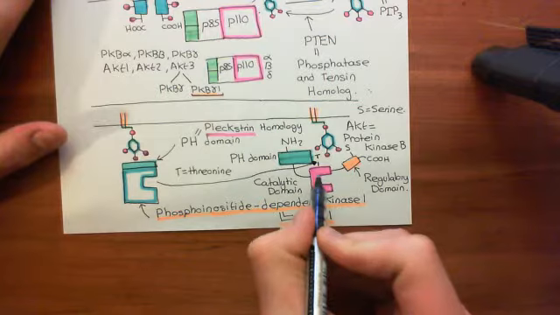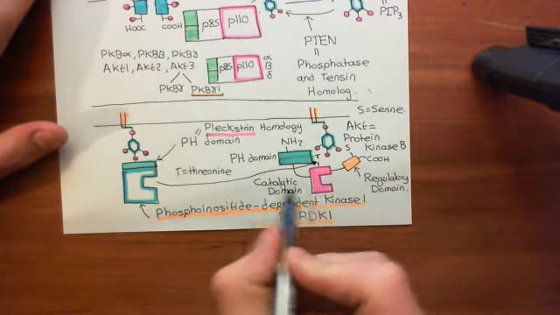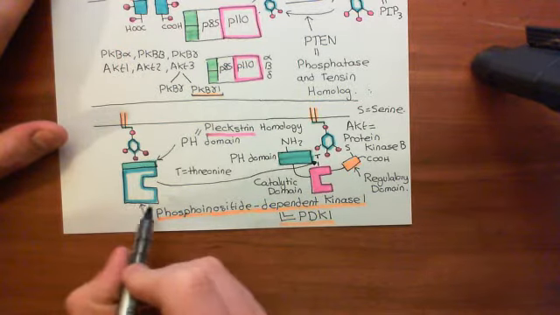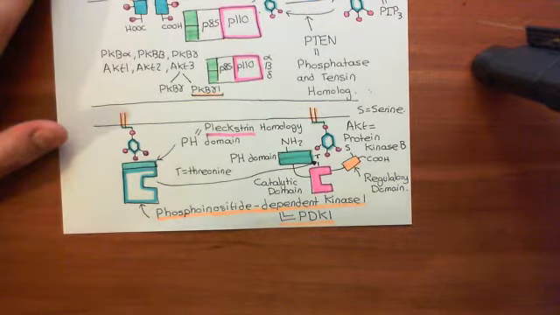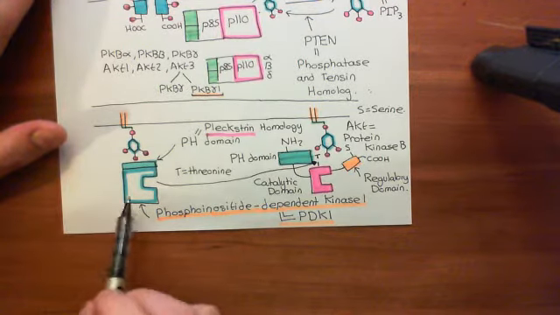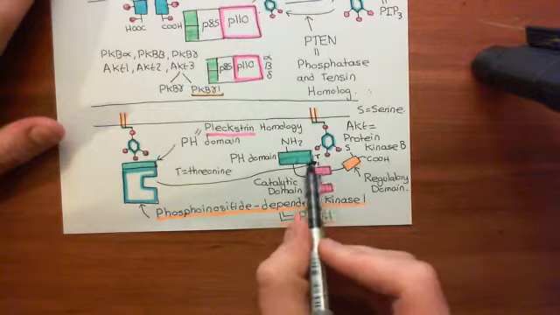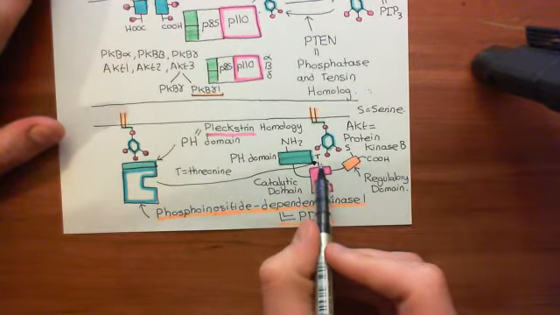So it's the protein kinase B that changes conformation to allow phosphorylation by phosphoinositide-dependent kinase 1. So, PDK1 phosphorylates this threonine on the catalytic domain.